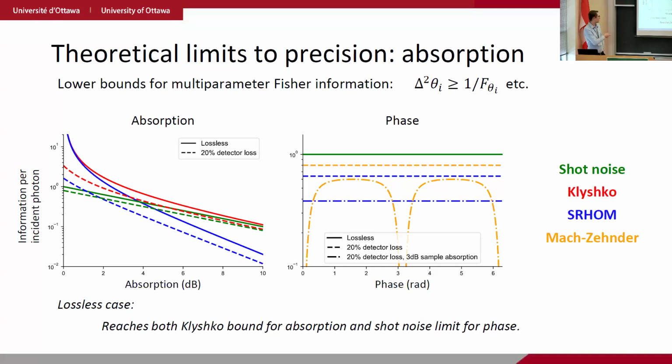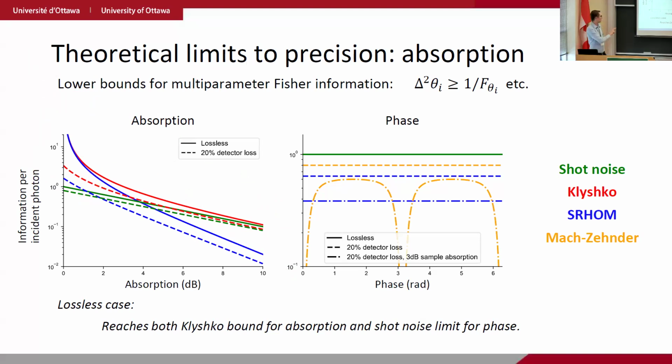For absorption here, the red curve is the Fisher information for Klitschko's measurement. The blue curve is the Fisher information for this Ou-Mandel interferometry. In the limit of low losses, we find that Ou-Mandel has essentially the same Fisher information as Klitschko's method.